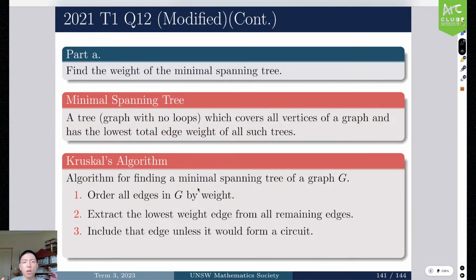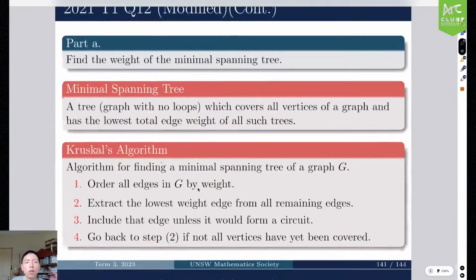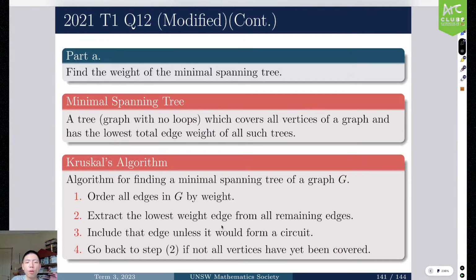If it forms a circuit, that means it would reach a point that has already been reached, so we exclude that edge and look at the next best option. Afterwards, if we have not covered all of the vertices, we keep doing this until all of the vertices have been covered, and then we have a minimal spanning tree.